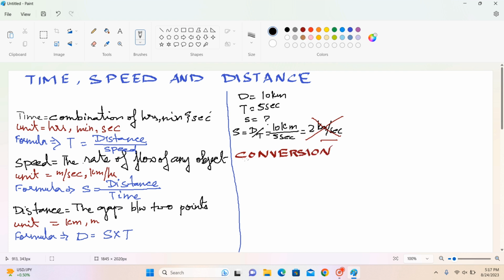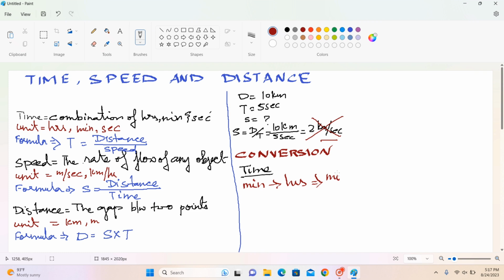So first, let's see conversion for time itself. What are the things which we have to do here? First convert minutes to hours. If we need to convert minutes to hours, 1 minute is how many hours? Something divided by 60.